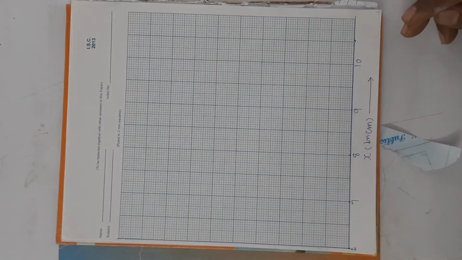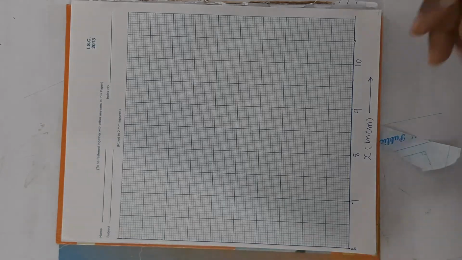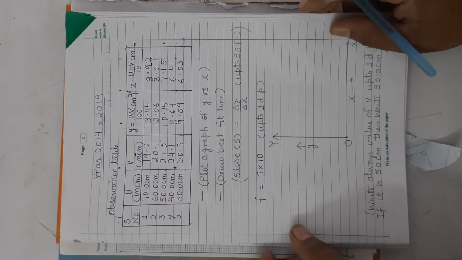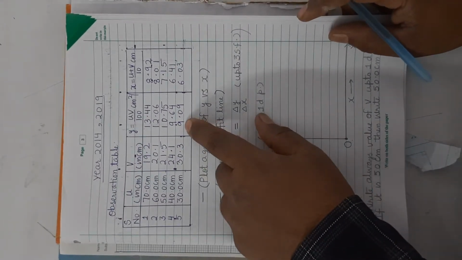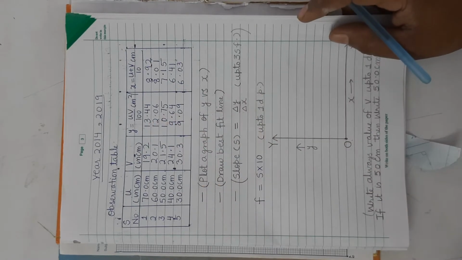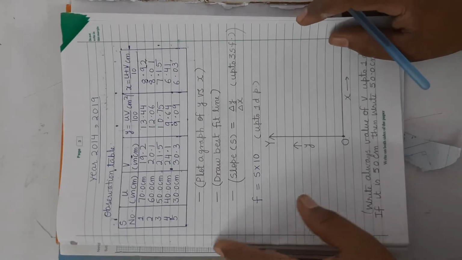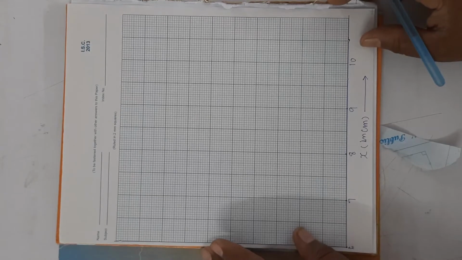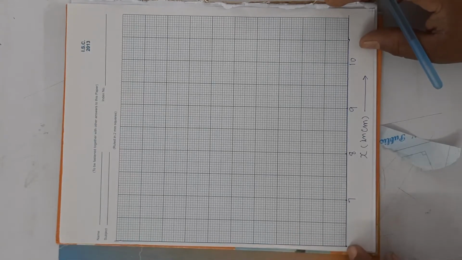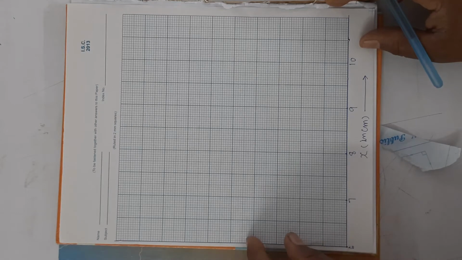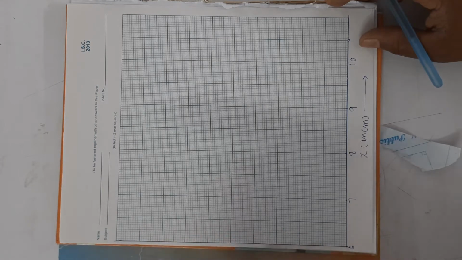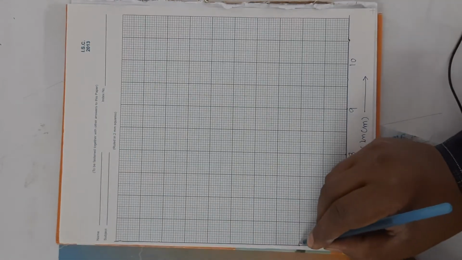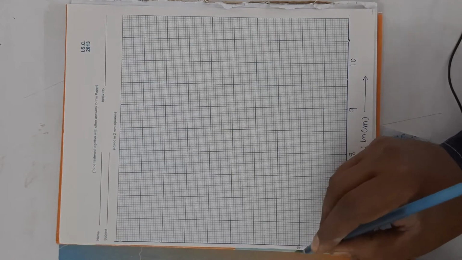Now if you see the value of y, minimum value of y is 9 and maximum is 14. So here also in the same way you see whether it is coming or not. You can take 9, 10, 11, 12, 13, 14. Yes, it will come. So you take here 9.